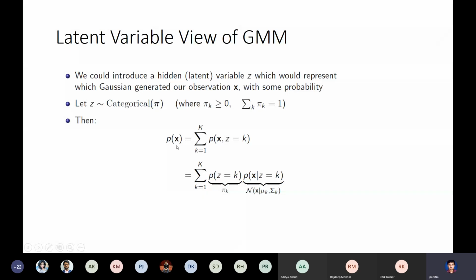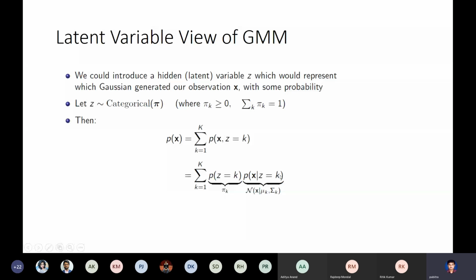Your P(x), given this latent generative model, can be thought of as first P(z = k) with probability pi_k, then x given z = k, the product of these two. This is multinomial, this is normal, according to mu_k sigma_k if z = k.